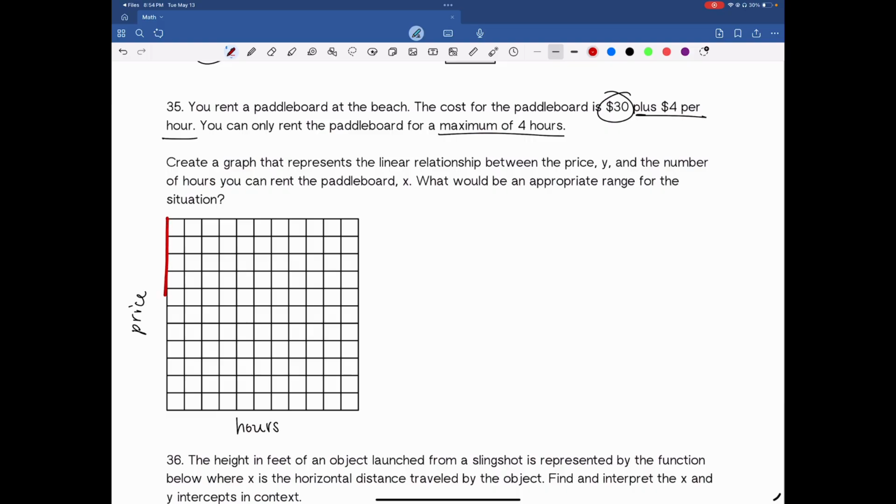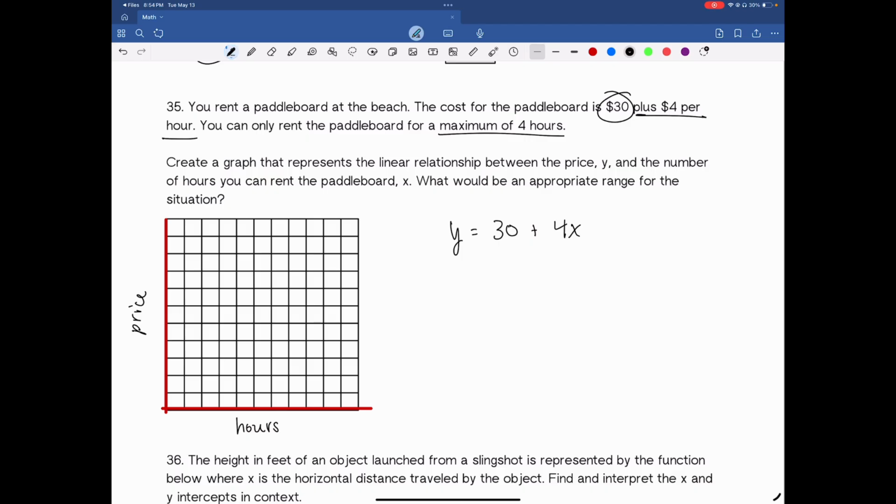Okay, so here's our situation here. Let's see. We know that the cost is going to be $30 plus $4 per hour. So that would be our equation.